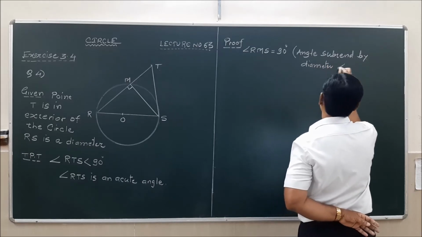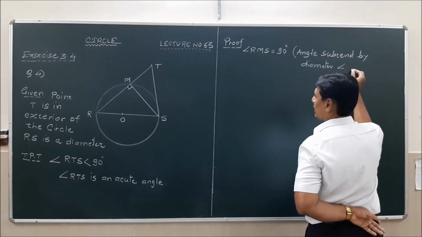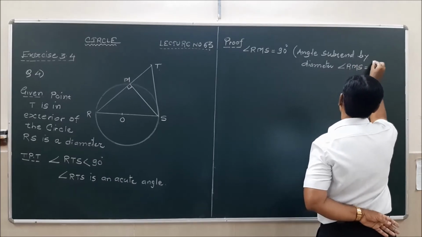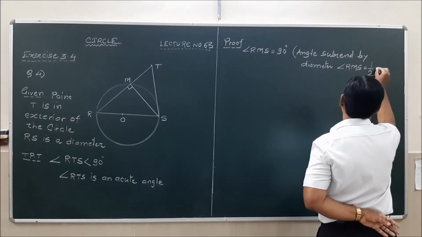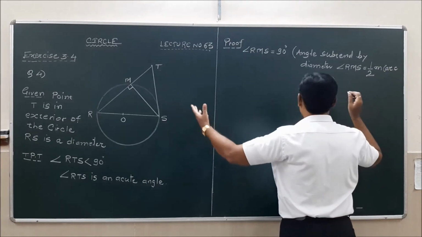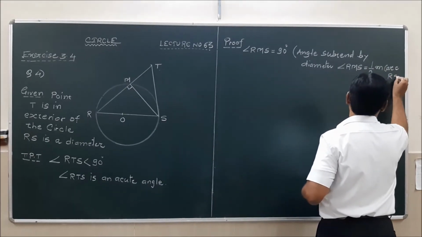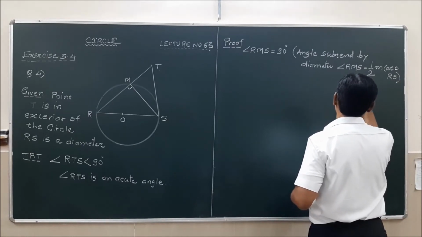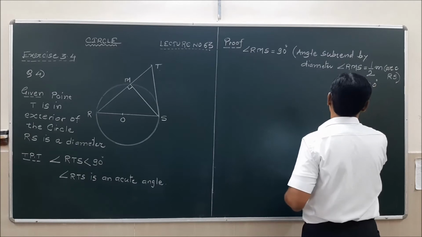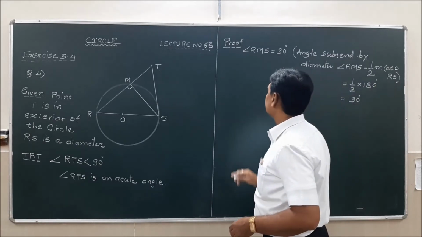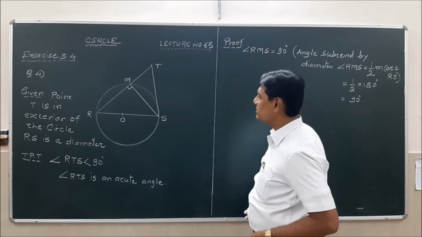In addition to that, if you like, you may write this way: angle RMS is equal to half the measure of arc RS. No need to write all these things, but for your convenience I am writing. Fine. So you will find here RMS is equal to 90.